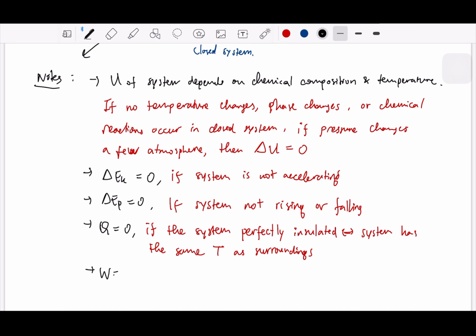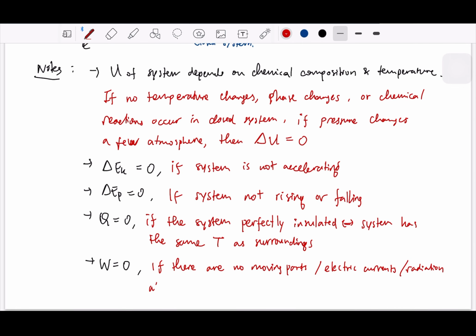And work is 0 if there are no moving parts, or electric currents, or any radiation at the system boundary.